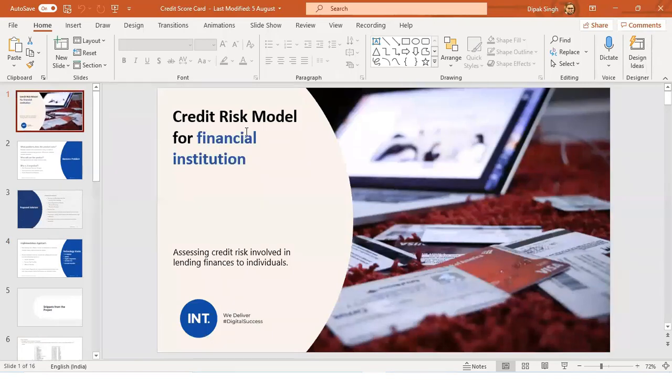So this we did for one of our clients based out of Africa. They were into financial lending, and for the last 2.5 years they were facing this issue of huge NPA, non-performing assets, wherein people were defaulting in repaying their loans. In African countries, when we talk about finances, the situation is quite grave. It's not like Western or Asian countries, which are very rich in terms of managing their finances and resources.